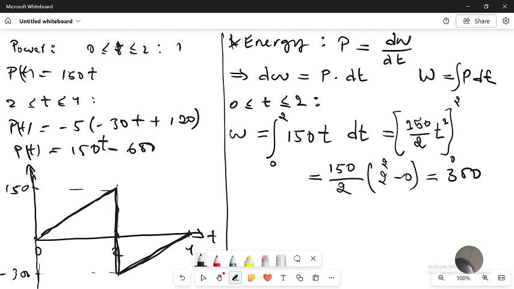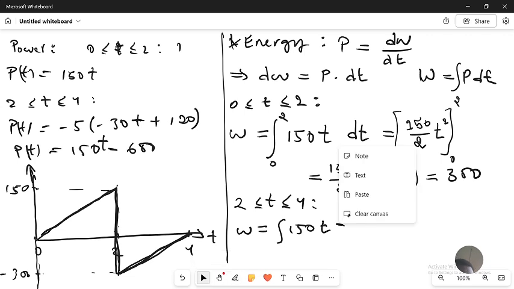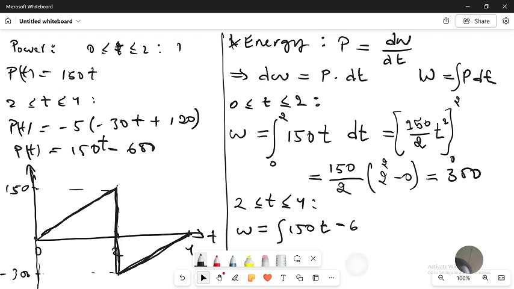Now from 2 to 4, I have the integration of the power. What's the power? I have 150T minus 600, from 2 to 4, with respect to dt.